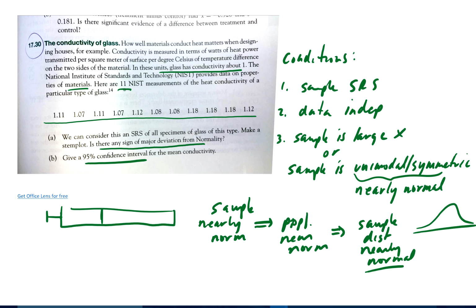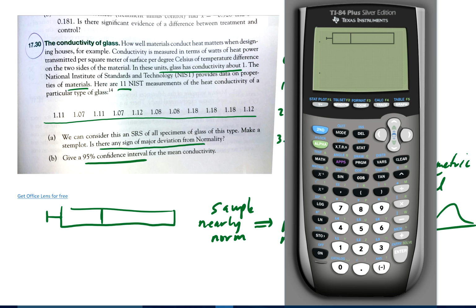So the 95% confidence interval is going to be stat tests t interval. Oh, no, I'm sorry. We're doing data. What am I thinking? It is late. And L1, 95% confidence interval.